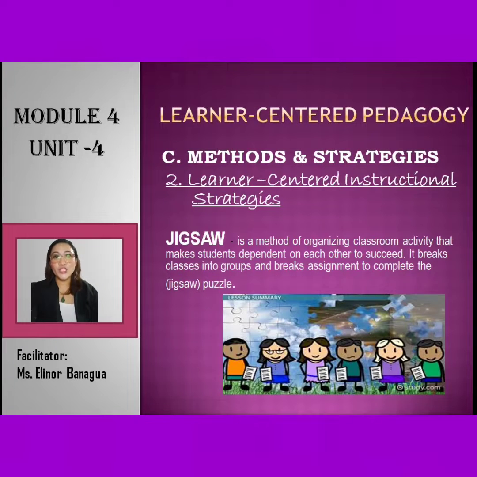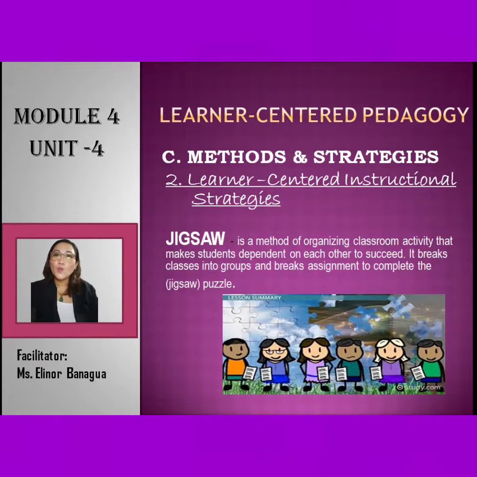Next one is the jigsaw. It is a method of organizing classroom activity that makes students dependent on each other to succeed. It breaks classes into groups and breaks the assignment into pieces to complete the jigsaw puzzle. It is a cooperative learning strategy that enables each student of a home group to specialize in one aspect of a topic.